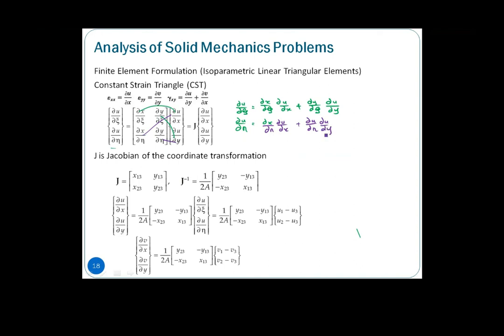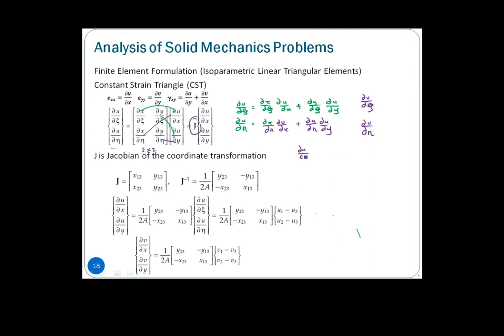For the v component, it is also the same: del v del psi, del v del eta. Here we are saying that this 2 by 2 matrix is basically our J, or Jacobian matrix.